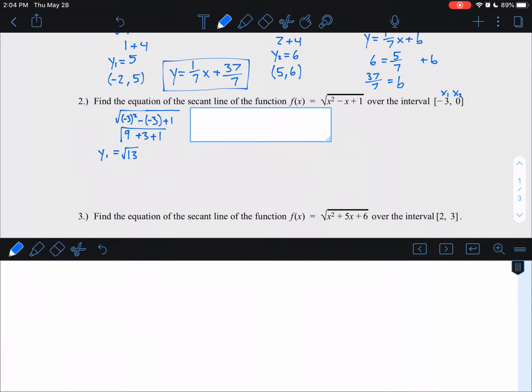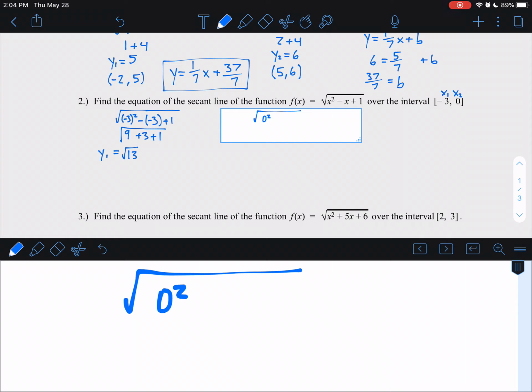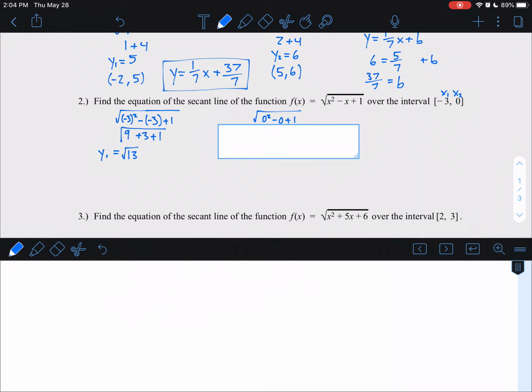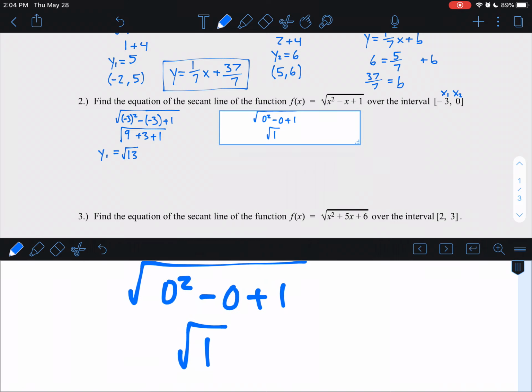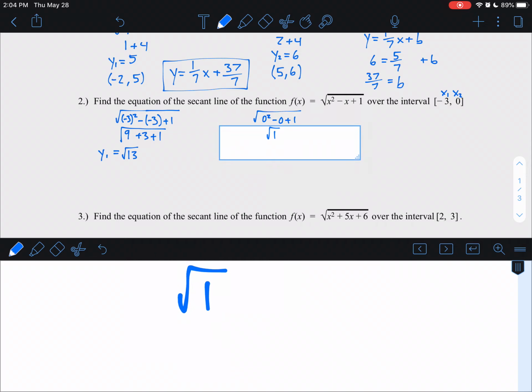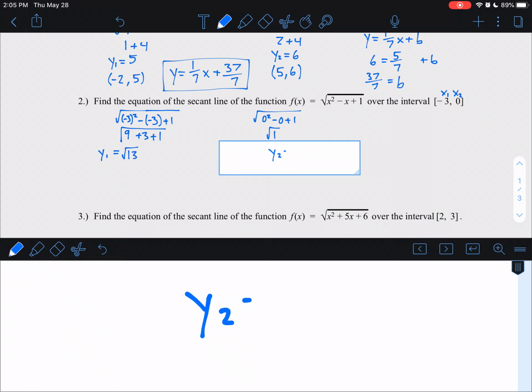My y2 is going to be, when I plug in 0, the square root of 0 squared minus 0 plus 1. I can just look at this and determine that is the square root of 1, because 0 minus 0 plus 1 is 1. And then the square root of 1, so y2 is just 1.